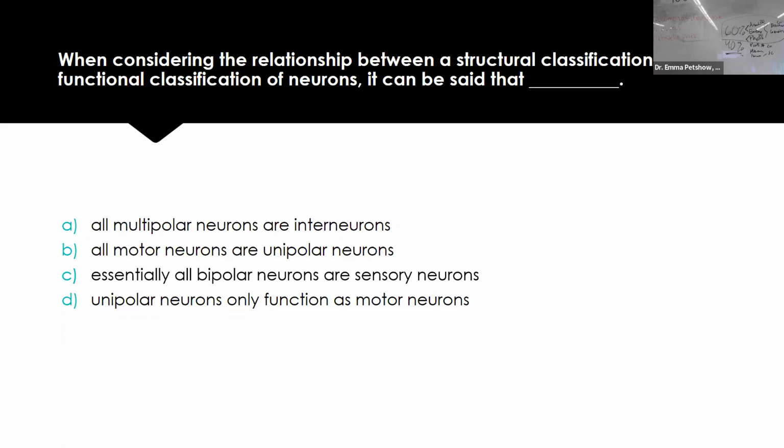NPLEX typically, an all or a never is probably not going to be your answer. So since this has a qualifier in front of it, essentially all, even if I wasn't sure that was true, I like that more than the blanket all statement, unless I'm 100% positive that it is a yes, every single time. Most things in the body, there's not an every single time. It's pretty rare when that's a true statement. Yes.